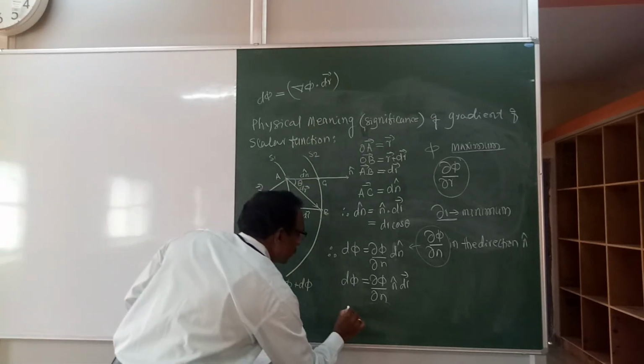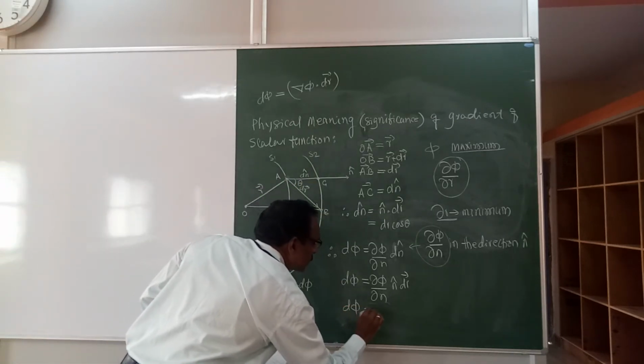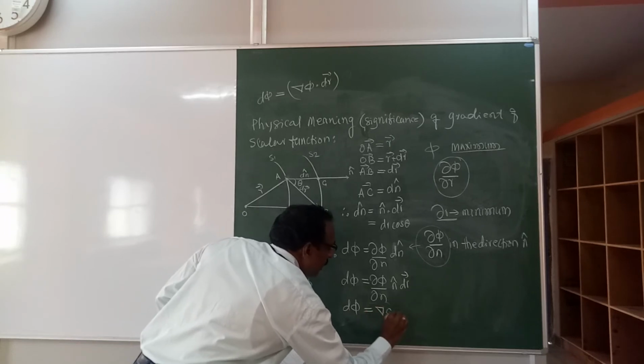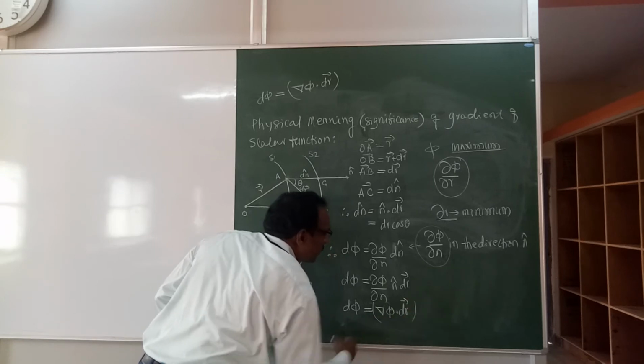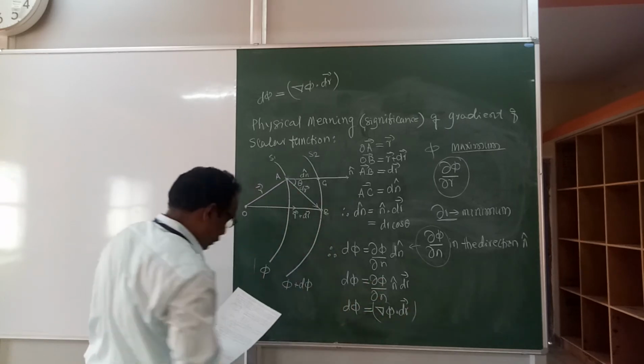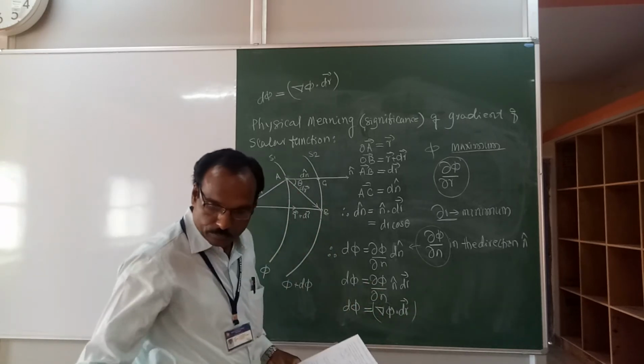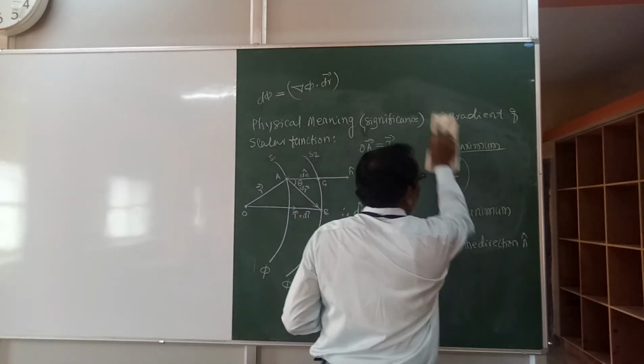d phi is also del phi dot dr. It's by definition. Let us equate these two. So I'll write it here.